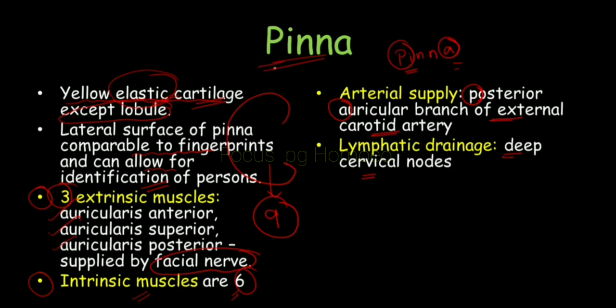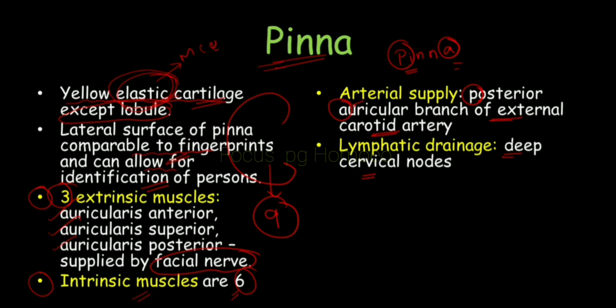Let me repeat again. In the anatomy of external ear, we have pinna as the first part, and it is made up of yellow elastic cartilage. Try to remember, it is not hyaline cartilage. This is also an important MCQ. It is even used for the identification of persons, and there are 9 muscles totally, 3 extrinsic and 6 intrinsic.